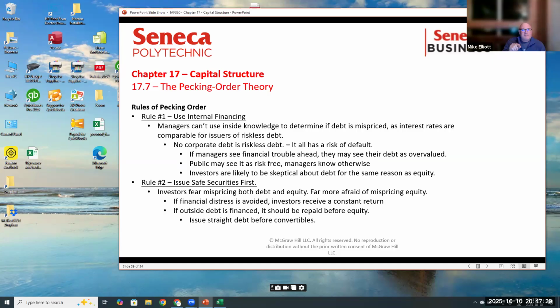Managers can't use inside information or knowledge to determine if debt's mispriced because interest rates are comparable for issues of riskless debt. Think about this one. If I am the government of the United States at AAA, they're not, but if they were at AAA, and the government of Switzerland at AAA, their bonds should carry approximately the same interest rate.